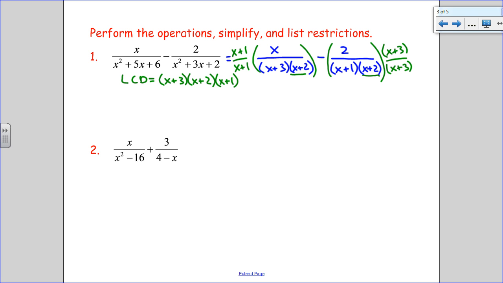Performing the multiplication and simplifying as we go, we have x squared plus x. Note that we have negative 2 times x for negative 2x, and negative 2 times 3 for negative 6, all over our LCD.